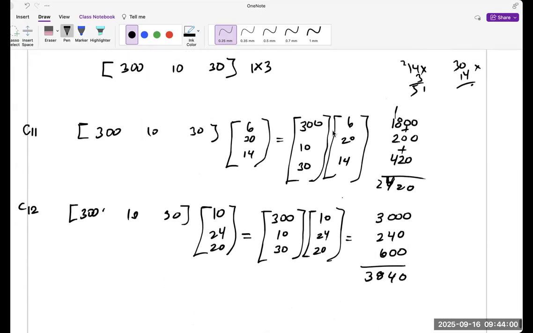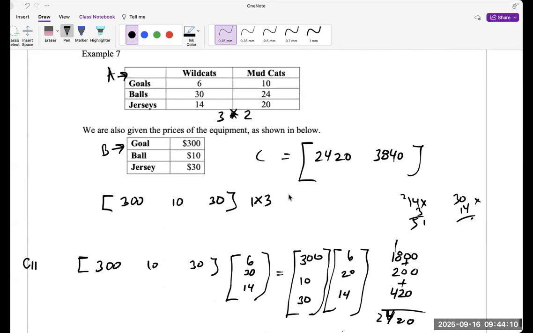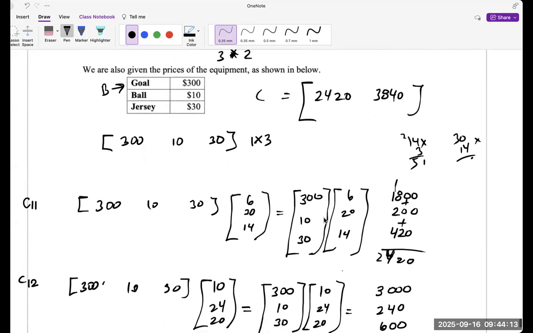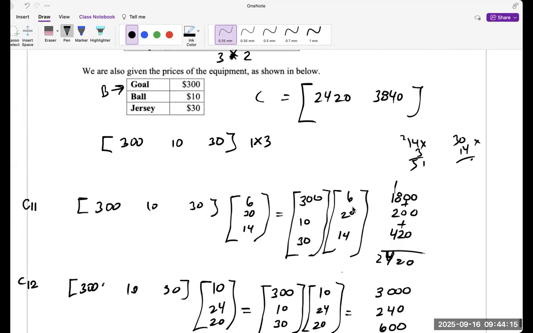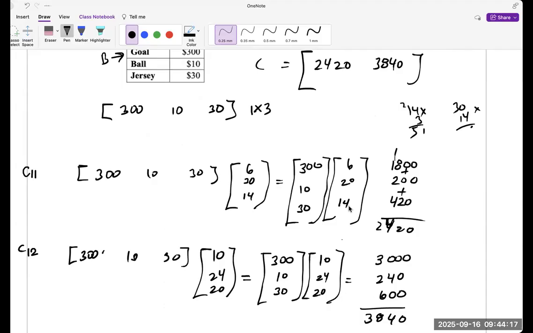So let's just double check all our answers here. It's 300 times 6, and making sure that we wrote the correct matrix, 6, 30, and 14. Yeah, that's 1800.